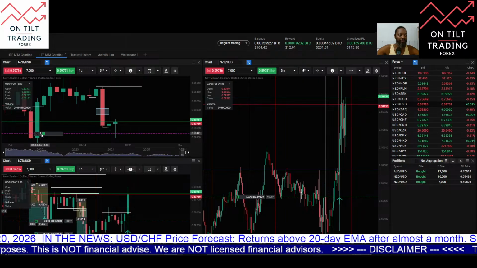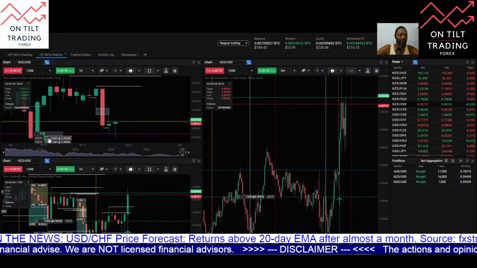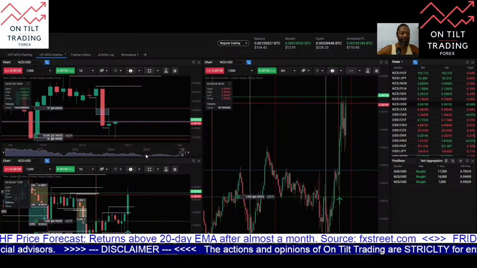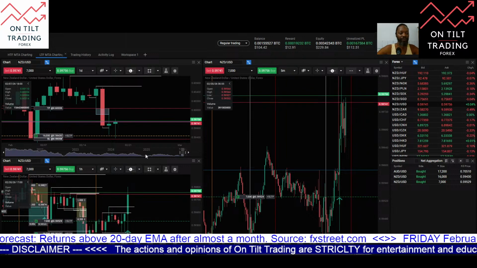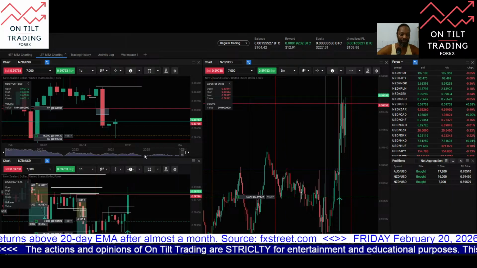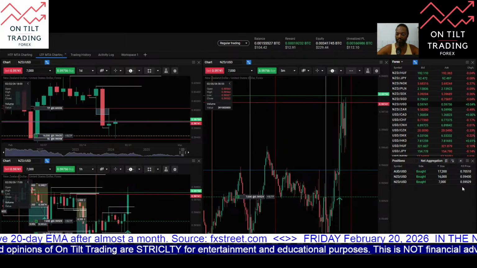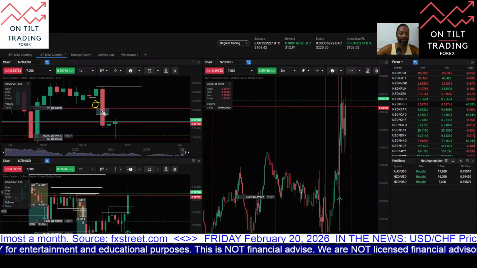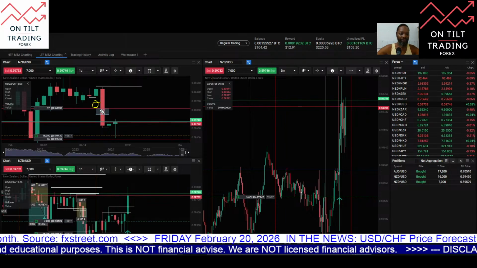And then we'll come back to the daily here. So my first position, both of these have the same profit target of 0.636 here, which is the rebalance point of the sell side imbalance, buy side inefficiency, or bearish fair value gap.